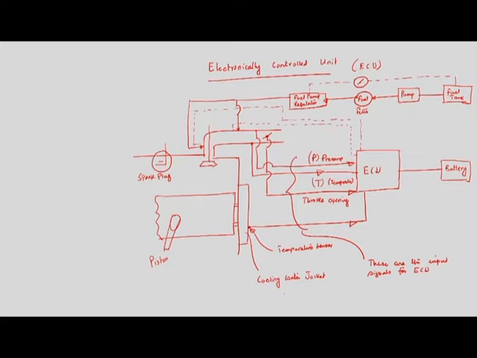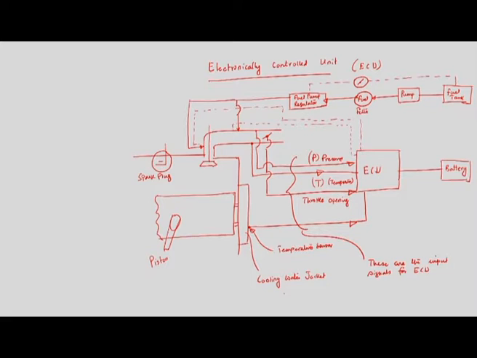So, what we have seen is that the amount of fuel that will be injected into the engine cylinder depends upon the load and also the pressure and temperature of the air at the intake manifold. Also, we have one sensor at the cooling water jacket. The function of the cooling water jacket is to maintain the temperature of the cylinder wall at a specific value, otherwise there will be thermal cracking.